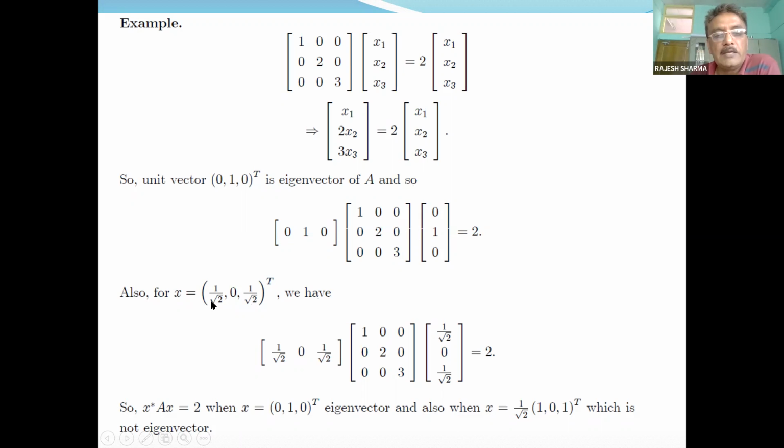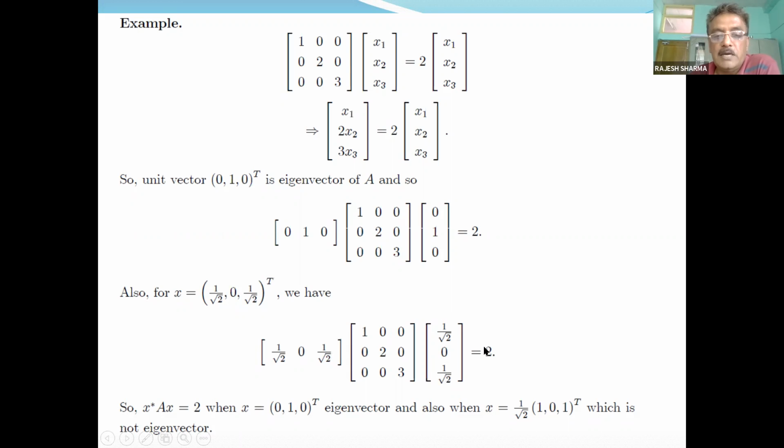Now we take x to be this vector, (1 by root 2, 0, 1 by root 2) transpose. Now we calculate this. This is not an eigenvector. Why? Because if we multiply this, we get 1 by root 2, 0, then 3 by root 2. And again multiplying by this, we get 1 by 2 plus 3 by 2, equal to 2.